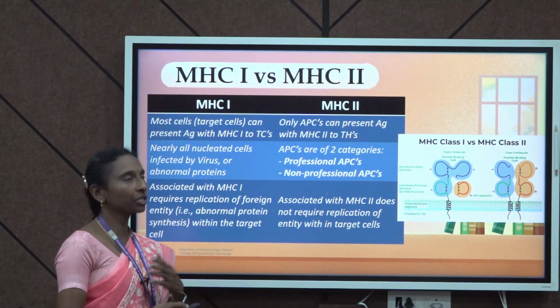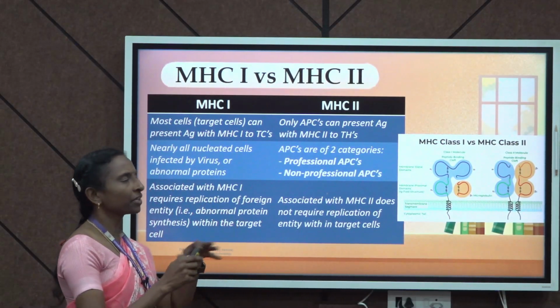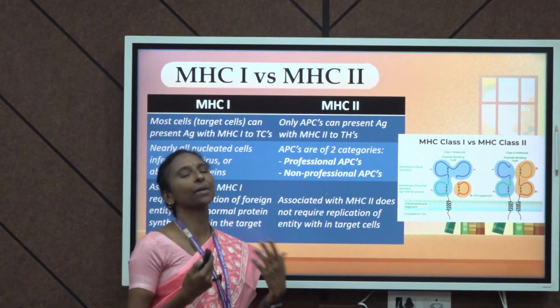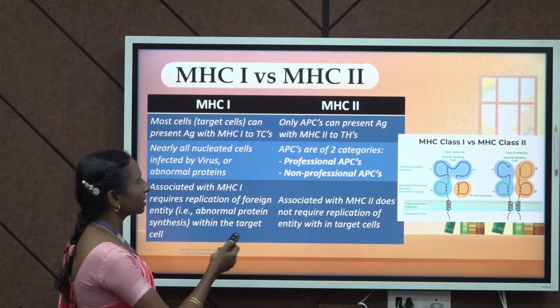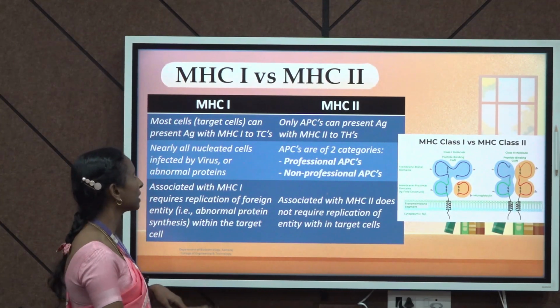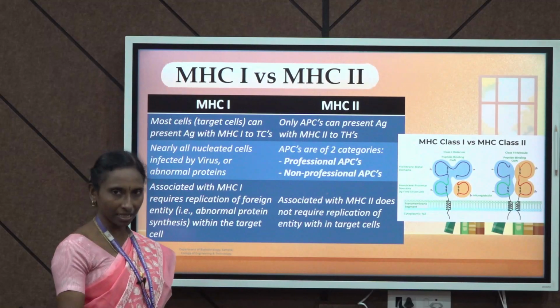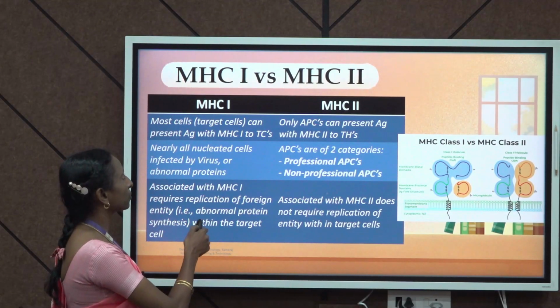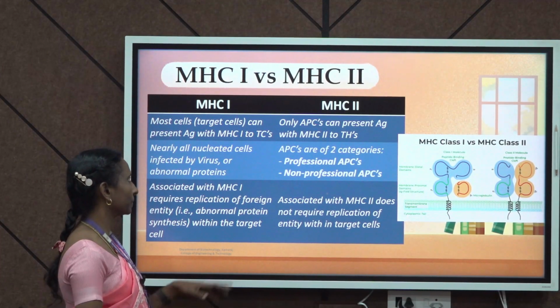But before we delve into that, let us see a brief overview of what these MHC molecules are. As you know, MHC or major histocompatibility complex molecules are broadly of three classes, out of which class 1 and class 2 play the major role.